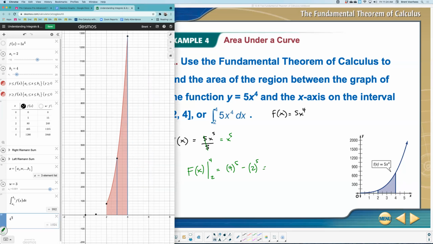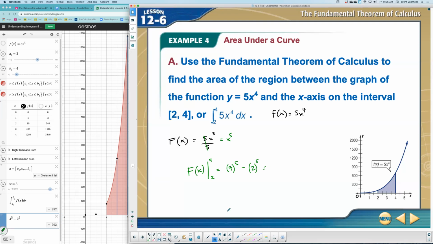Four to the fifth power minus 2 to the fifth power, and we do in fact get 992. That would be our solution here.